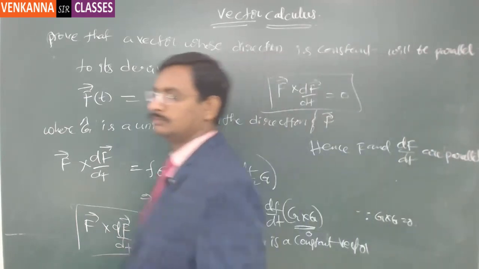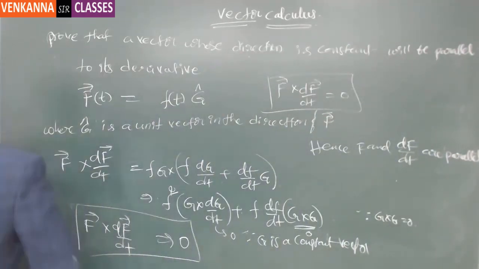You can note down this. So curl for constant direction, I think it should come out to be 0. Got it?